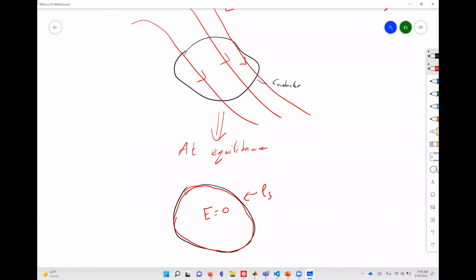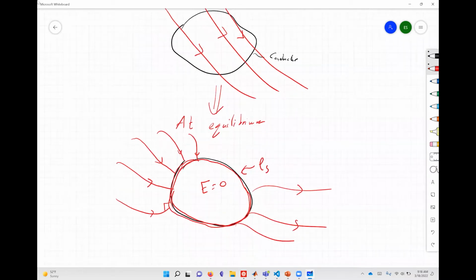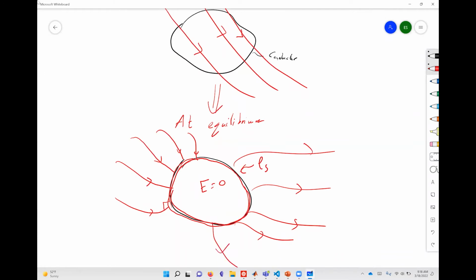But everything will move and settle in such a way that there's going to be a concentration of charge on the boundary, and this concentration of charge is going to cancel the electrical field inside the conductor, so that movement ceases. So the E field is going to be 0 inside the conductor. The electrical field lines are going to terminate on the conductor, and we're going to show that they terminate at 90 degrees. Okay, so that would be the steady state, essentially.